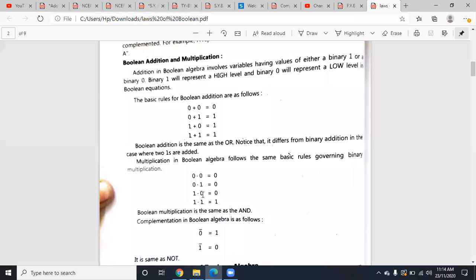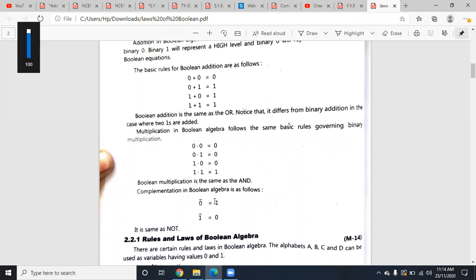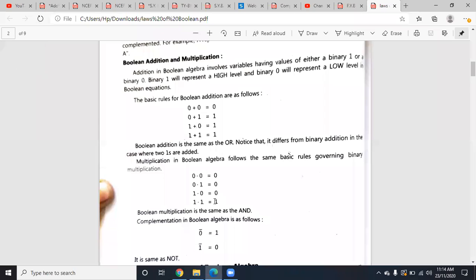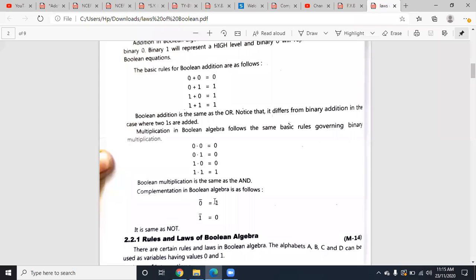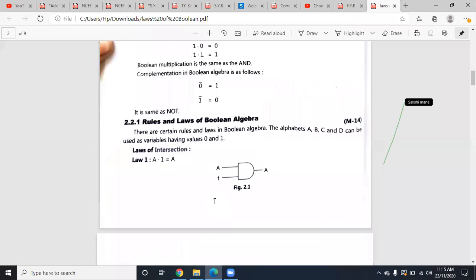In multiplication, if I'm multiplying 0 with any other number, my answer will be 0. Correct? And only 1 into 1 will be 1. Everyone is clear with this? These are simply the rules of addition and multiplication. Just give me the feedback. Are you getting it or no?